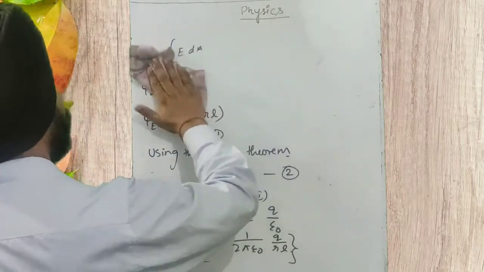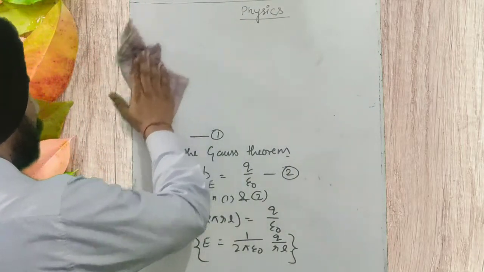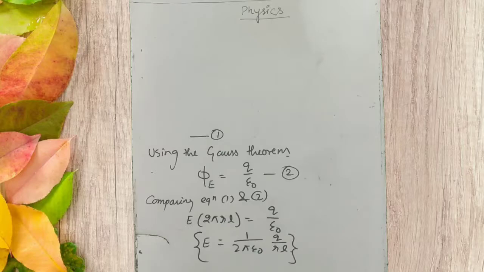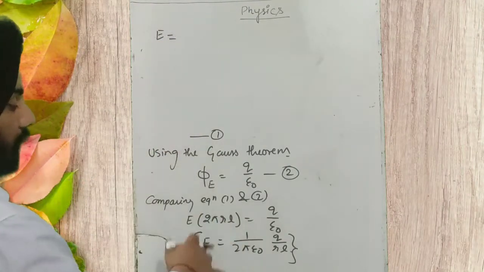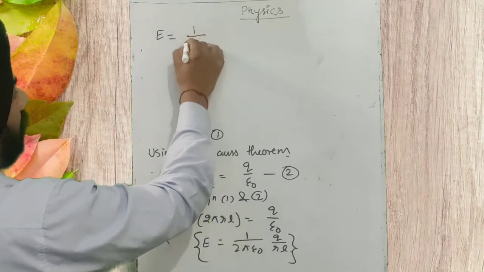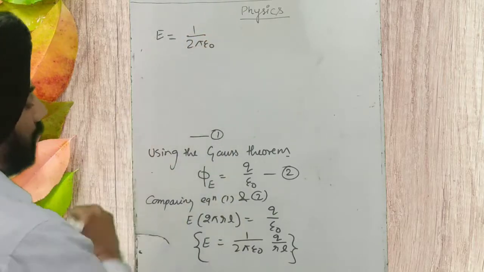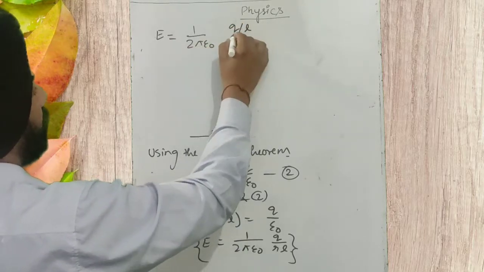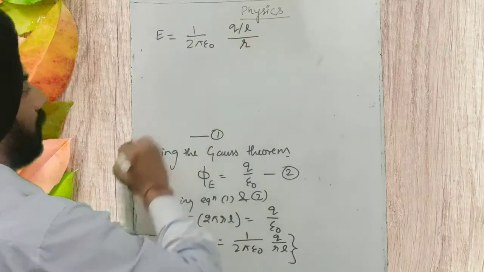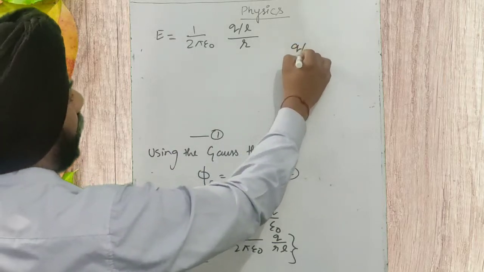I am going to remove this because a little more is left. I am going to arrange this equation as 1 upon 2 pi epsilon naught, and here we can write it as Q by L upon R. And what is Q by L?